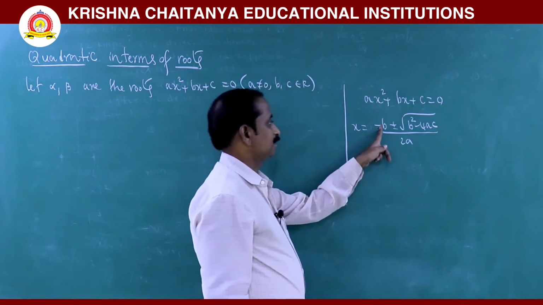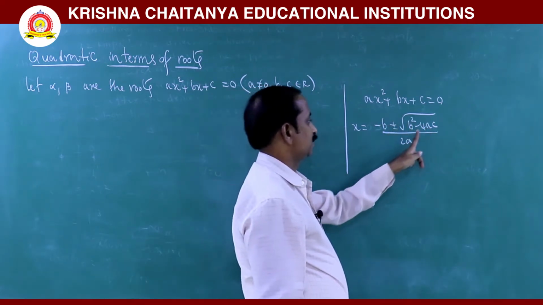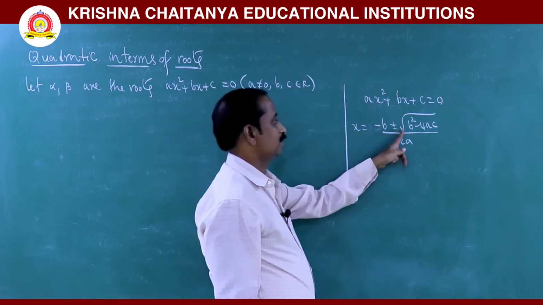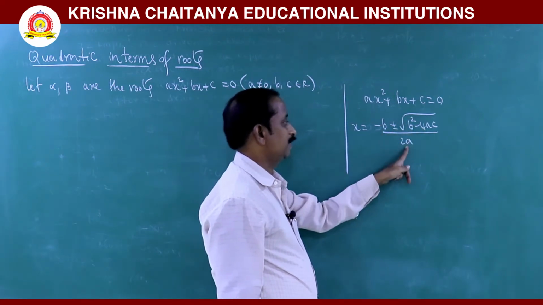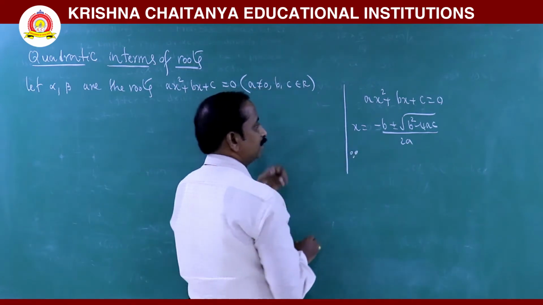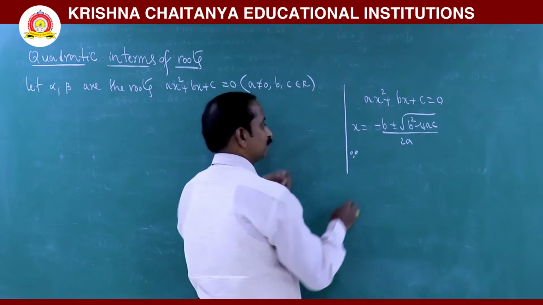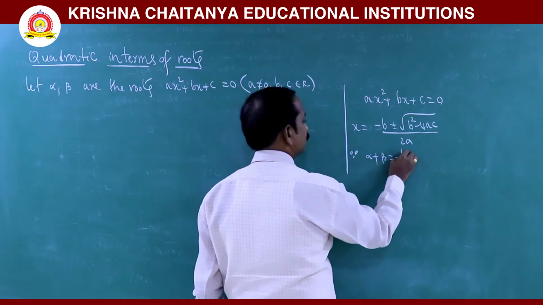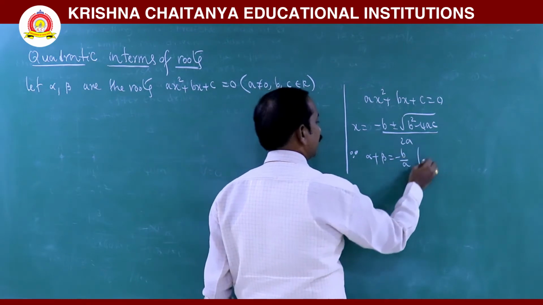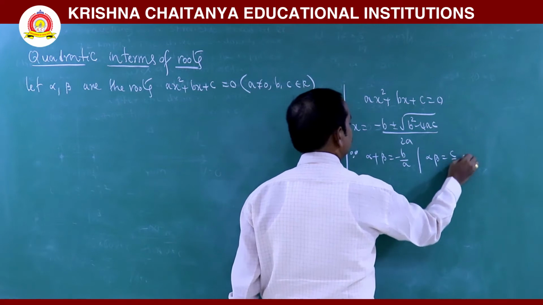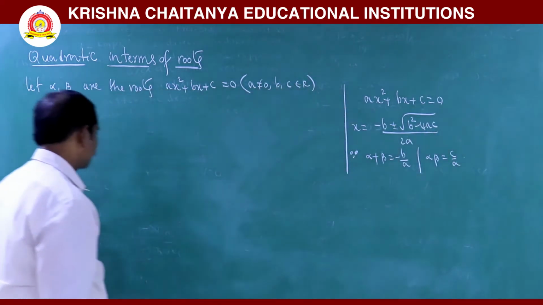One root is minus b plus root b square minus 4ac by 2a as alpha, another root is minus b minus root b square minus 4ac by 2a as beta. And we know the relation between sum of the roots and the product of the roots: alpha plus beta is equal to minus b by a, and product of the roots alpha into beta is nothing but c by a. Last class we know that.